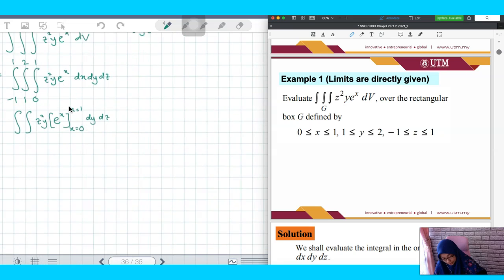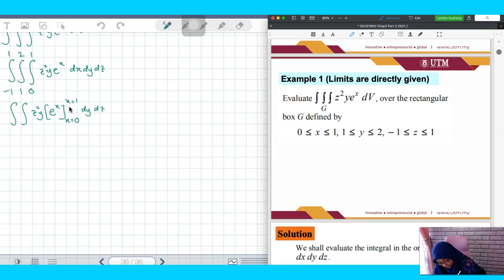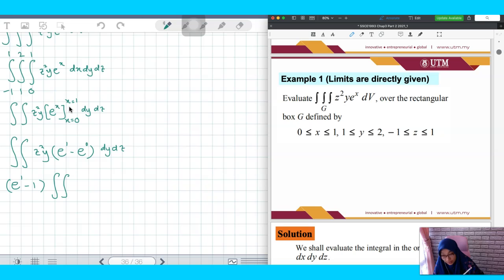Now we substitute, so we have z squared y times (e^1 minus e^0). e^1 is a constant, e^0 is 1, so e minus 1. I just put it outside because it is constant. So now we only have z squared y dy dz.